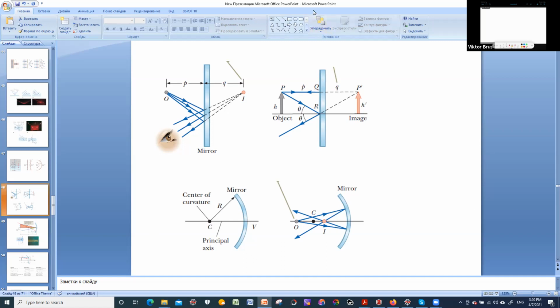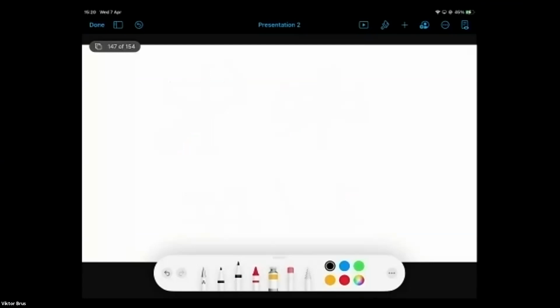So let me maybe stop sharing for a second. And this magnification M is equal to the ratio of the linear size of the image to the linear size of the object. So in the case of a flat mirror, this magnification will be equal to plus 1.